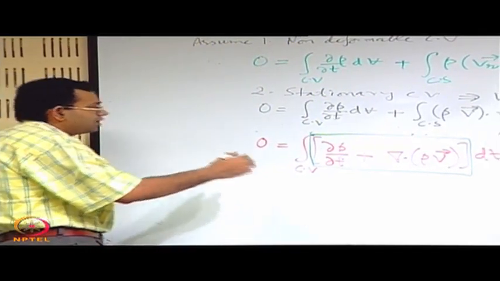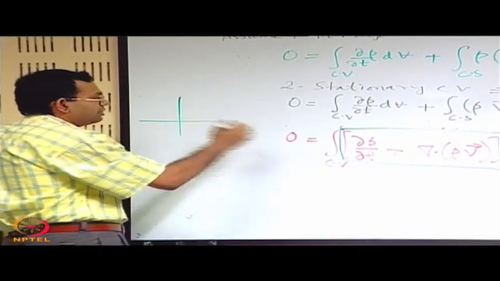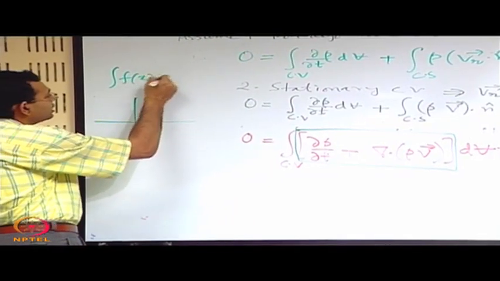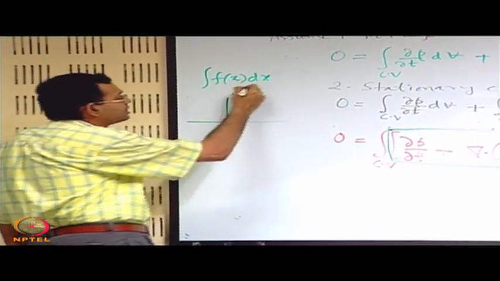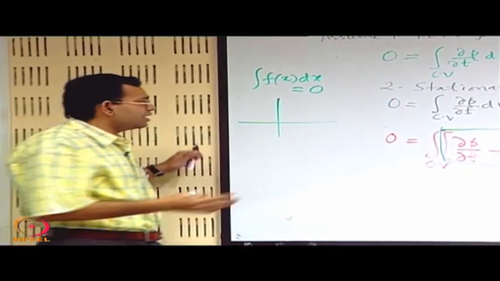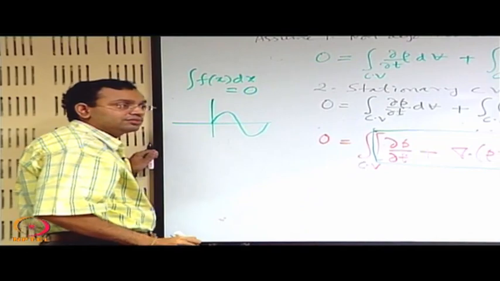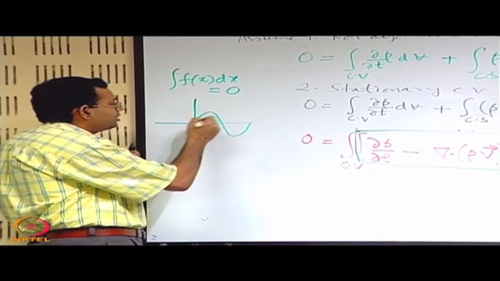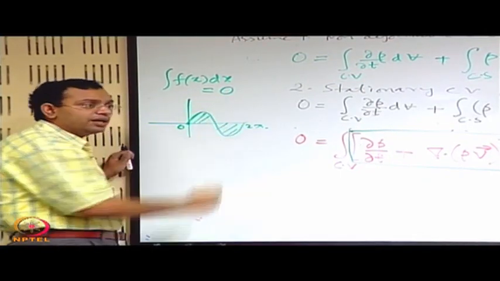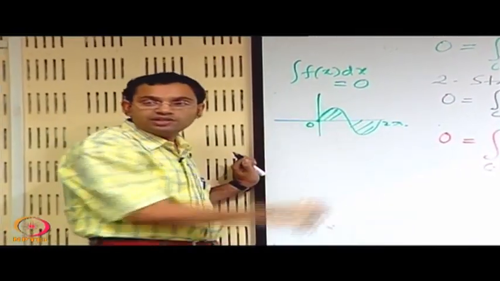So let us think of a function. A volume integral is a bit more general, so let us consider a one dimensional case. Say you have the integral of f(x) dx. If the integral of f(x) dx equals 0, can you say that f(x) equals 0? In general, obviously not. In a special case, like sin x, if you have the integral from 0 to 2 pi, this area and this area are the same and opposite, so the integral will vanish, but the function f(x) is not vanishing at all points within the interval.